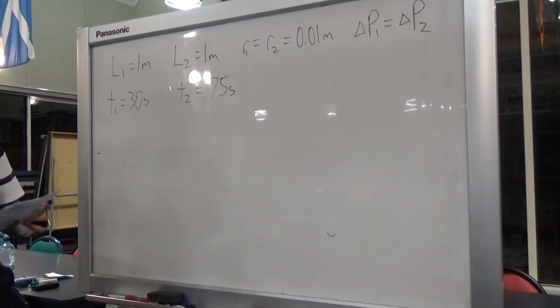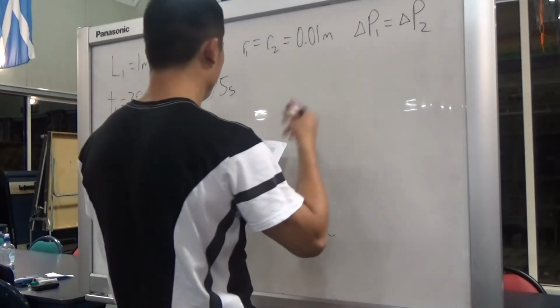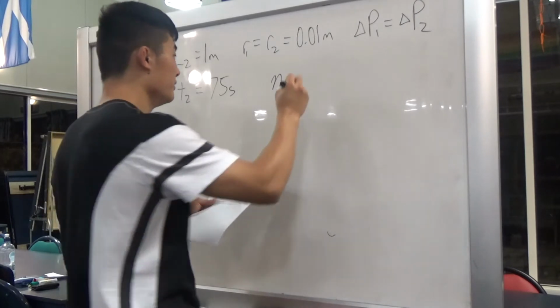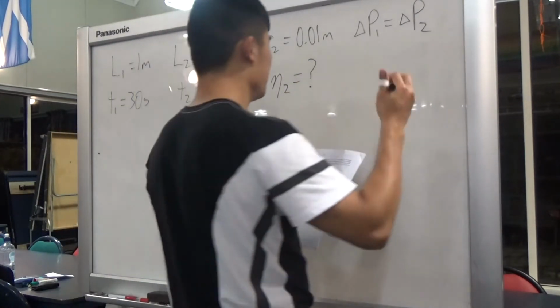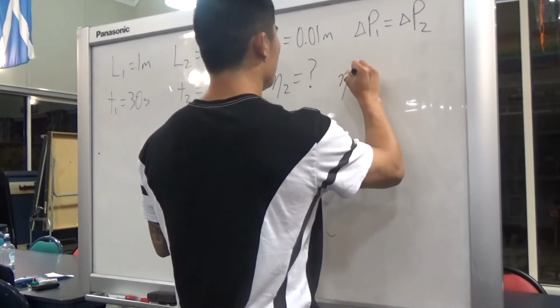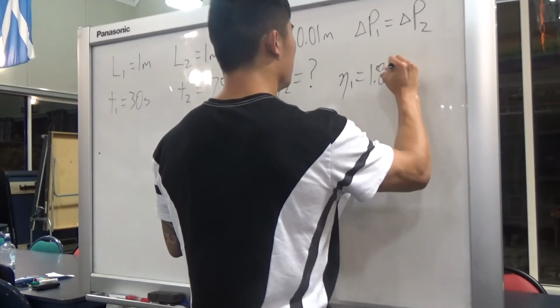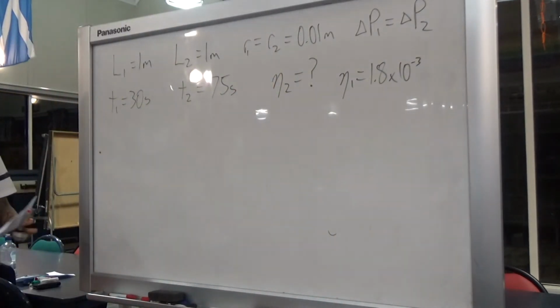And we want to find out the viscosity of the unknown fluid, so viscosity 2 is equal to question mark, and we know the viscosity of water, so viscosity 1 is equal to 1.8 times 10 to the negative 3. Okay, so we've got all our variables.